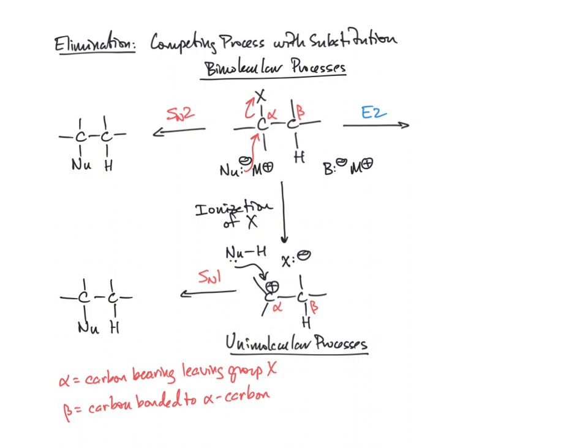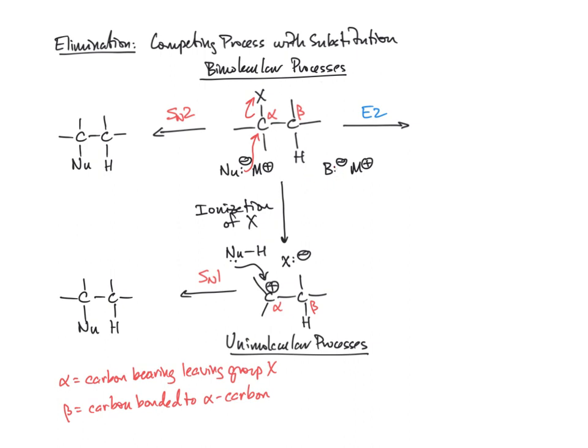Again, the base abstracts a proton. That's its action. And in an elimination, the base will abstract a proton from the beta carbon. So that's why you need to identify what the beta carbons are. So this one is directly attached to the alpha carbon, which is bearing the leaving group. This, now instead of this forming a bond to a carbon, it's abstracting a hydrogen.